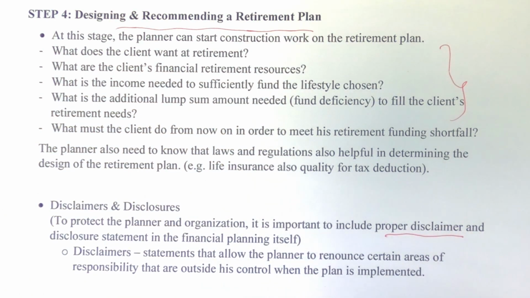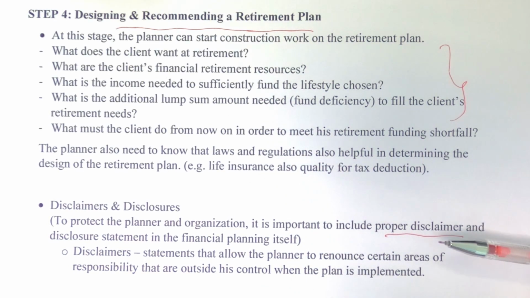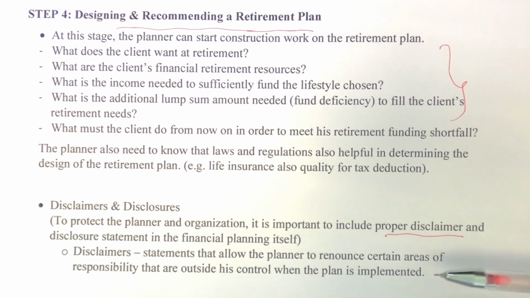A disclaimer is a statement that allows the planner to renounce certain areas of responsibility that are outside his control when the plan is implemented. So this is to protect the planner and the organization themselves, which is why disclaimers and disclosures should be included in the financial planning report of the client.